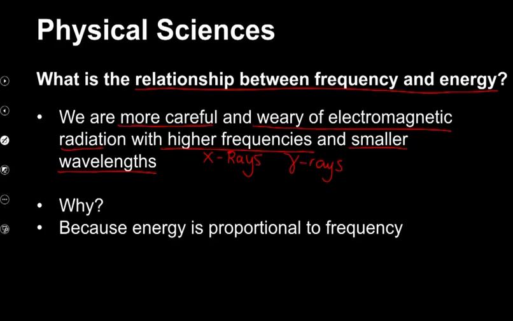The question we can ask ourselves is simply why, and how does this relate to energy? The answer, quite simply, is energy is proportional to the frequency of electromagnetic radiation. This means that as the frequency increases, the energy of electromagnetic radiation increases as well.